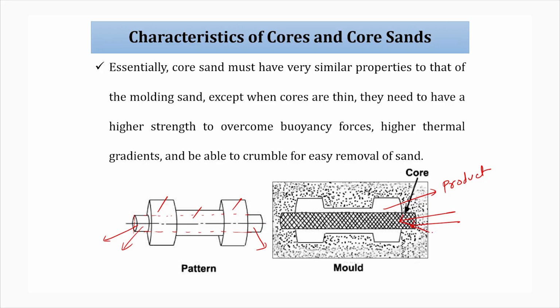After the molten metal is poured and solidifies, we break the sand and the core also, and we will get a hollow product. This is the hollow product we will get in casting.